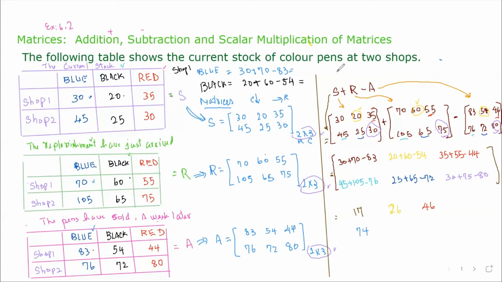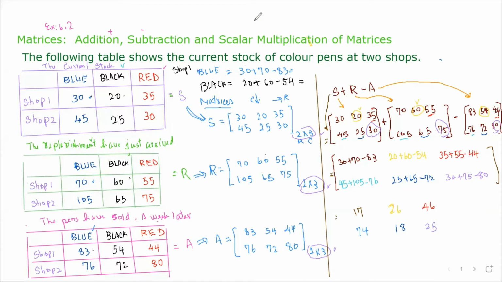And then take out 72. So left 18. And the last element, we have 30, plus 75, and take out 80, so we left 25.